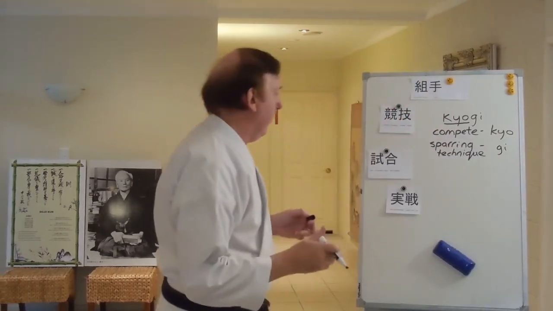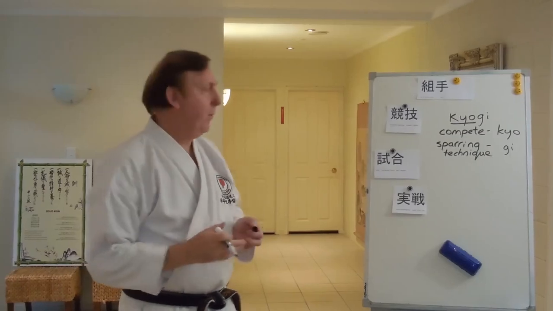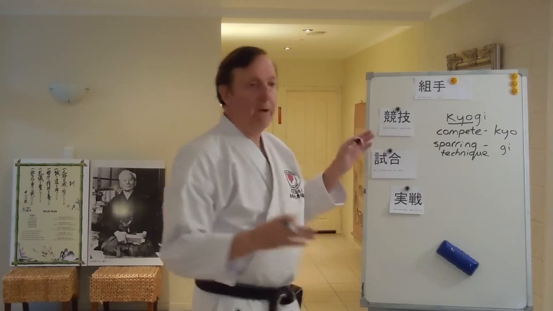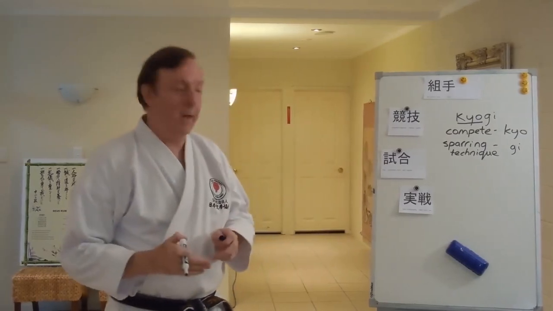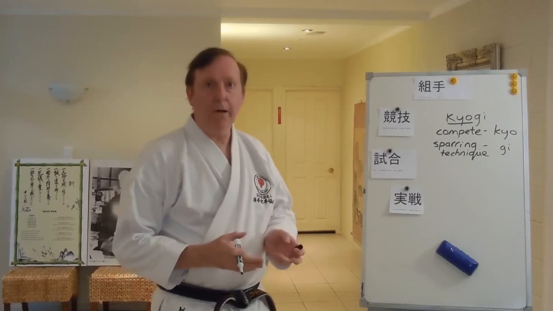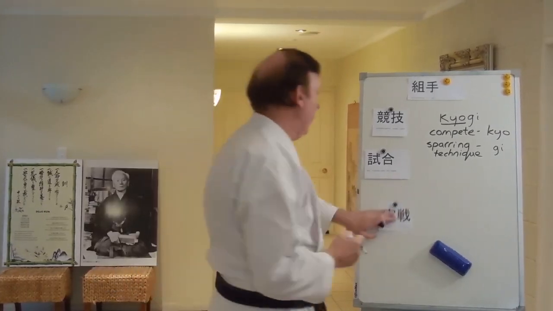It comes basically from gijitsu, meaning sparring or technique for sparring. Now, we'll go into this in more detail at the moment. First of all, I'm just giving you the three splits. So the first split is kyogi. This is competition training, and we do lots of different techniques and drills and so forth in the dojo to sharpen up the kyogi competition edge. Let's get the winning edge.